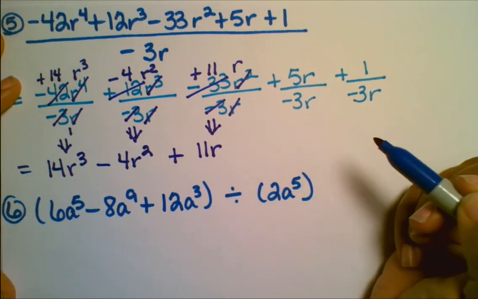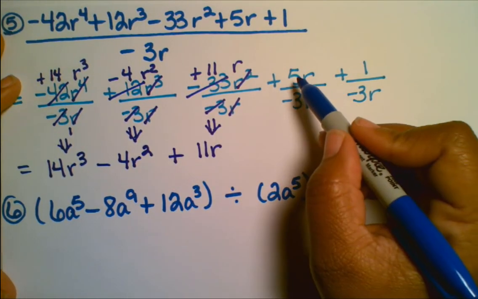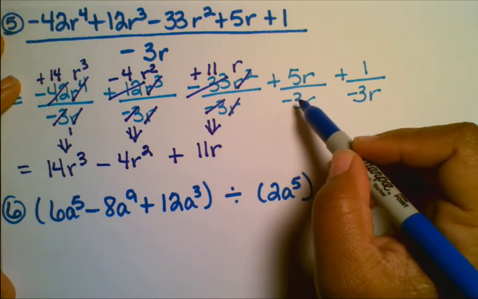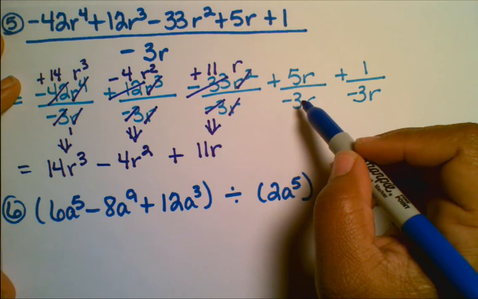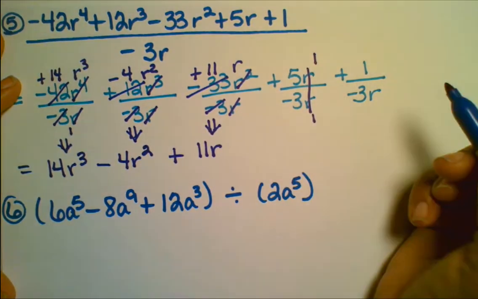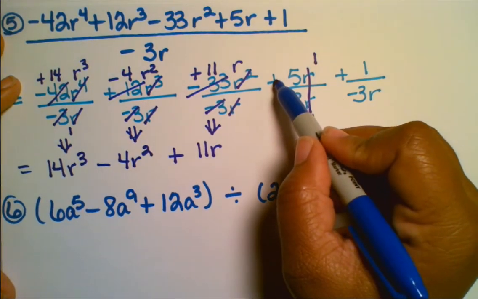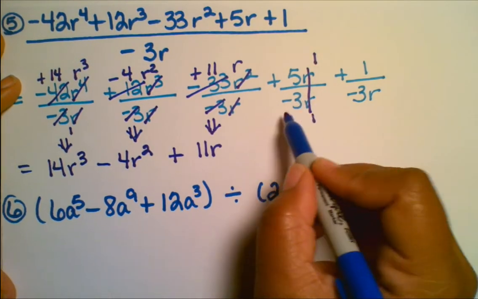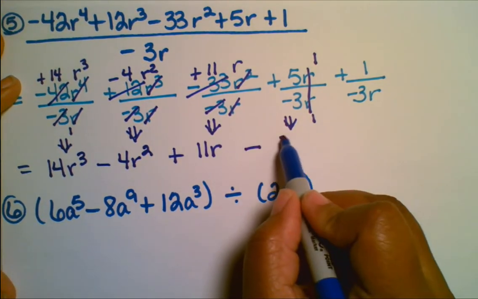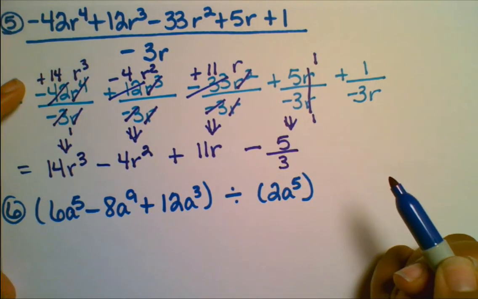Now this next one, 5 over negative 3. Well, this can't be reduced, so it's going to stay as a fraction. But we can divide out the r's, and we know that a positive divided by a negative will give us a negative. So we're going to put a minus sign there, and this gives us 5 over 3.